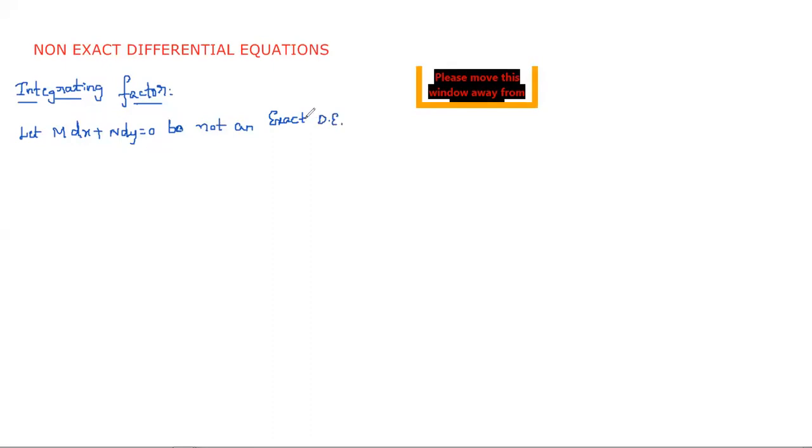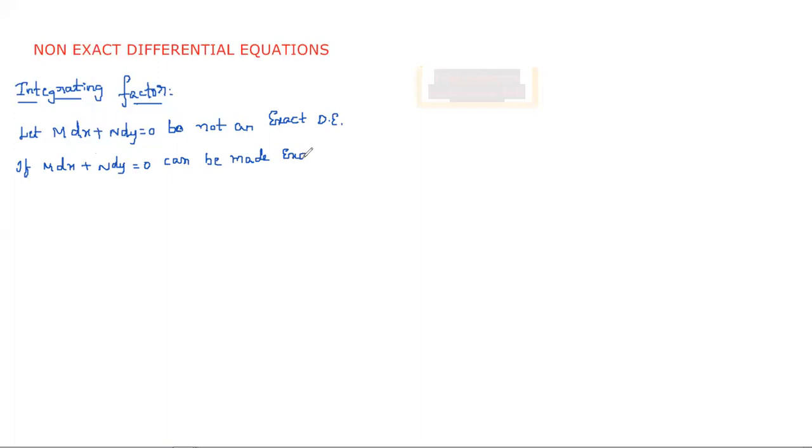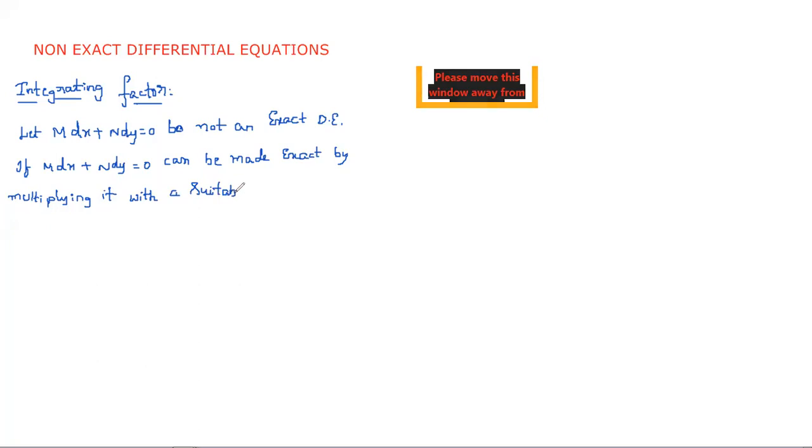If a differential equation M dx plus N dy equal to 0 is not exact, it can be made exact by multiplying it with a suitable function u of x, y, and that should not be equal to 0.